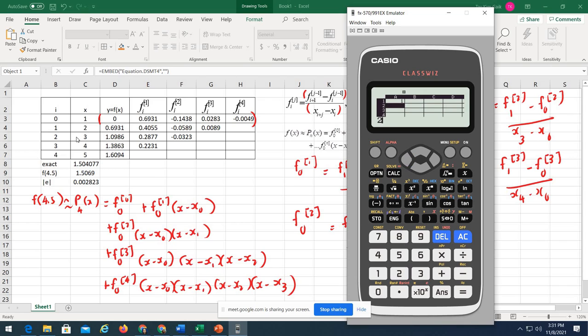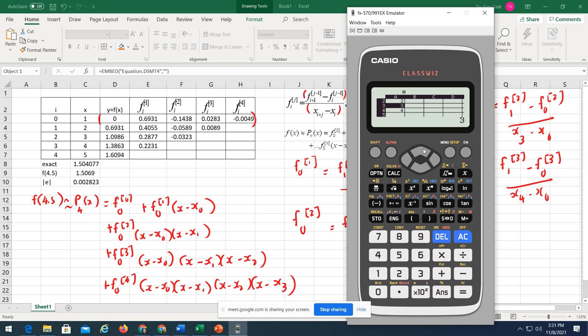1, 2. Then I cannot key in the Y column. I have X, Y, 1, 2, 3, 4, 5. So up to 3rd level Newton divided difference. So 1, 2, this is 2, 3, 4. So up to 4.